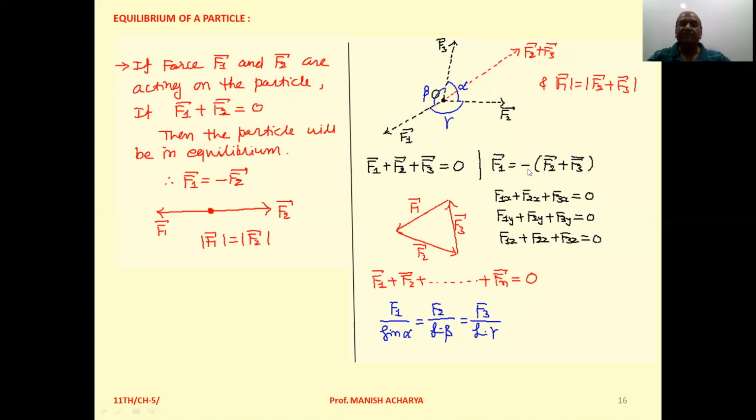Resultant or net force means the vector summation of all the forces acting on the particle, and that is zero.